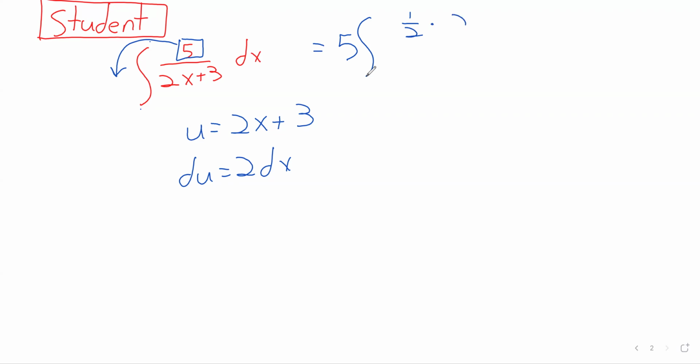And as for the 2, we can multiply it in. At the same time, we'll divide by it. So we're not actually changing anything. And now we have a 1/2 that we don't want. But that's also not a real problem. We can deal with that 1/2 just as we dealt with the 5.